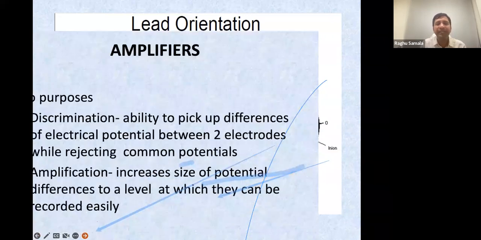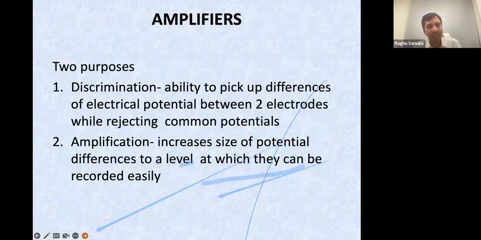There is the ability to pick up the difference of the electrical potential between the 2 electrodes, and there is something called CMR, common mode rejection. We don't want what is common between the 2 points. What we want is the difference between the 2 points.